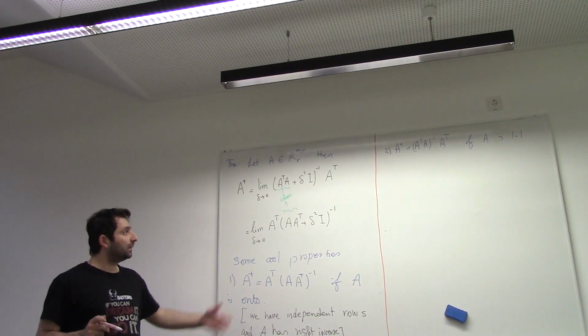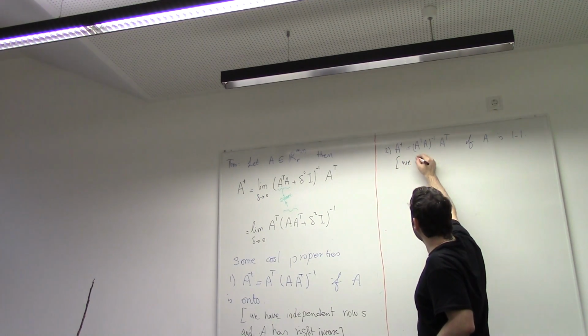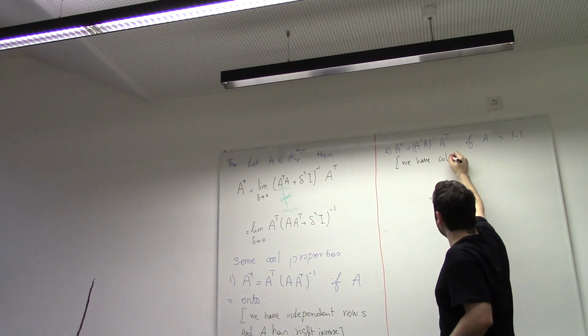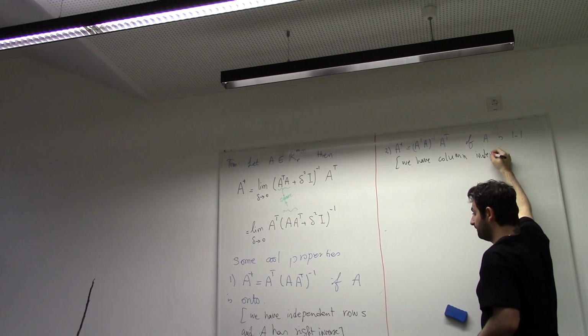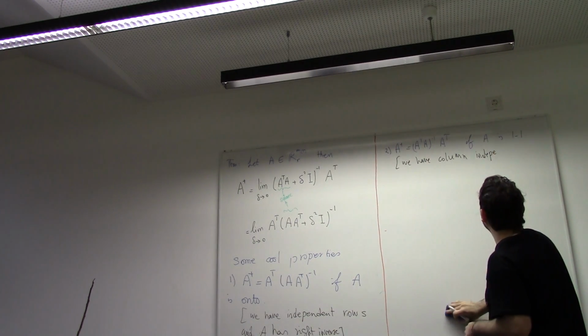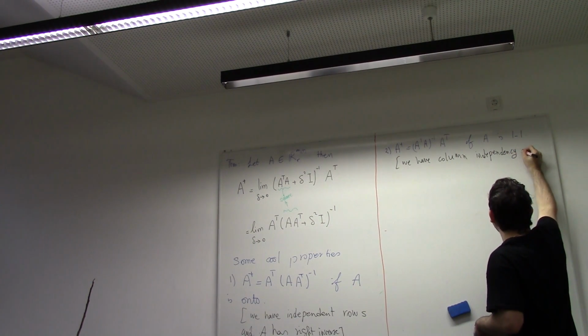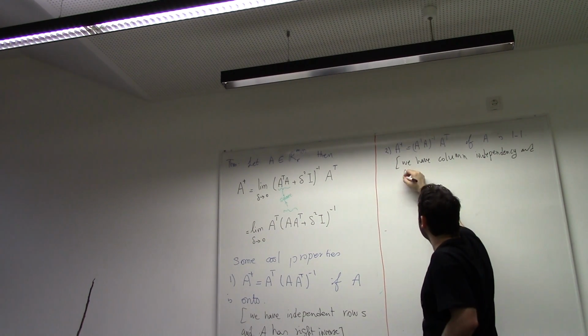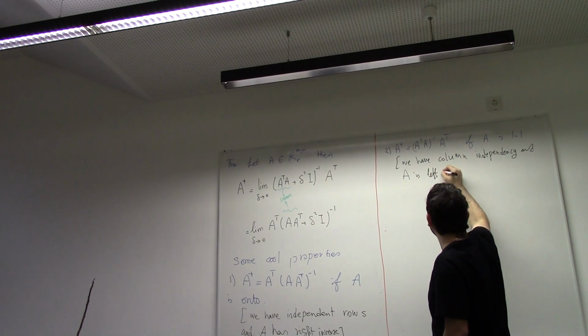So what do we understand from this? We have column independency, this time, and A is left invertible.